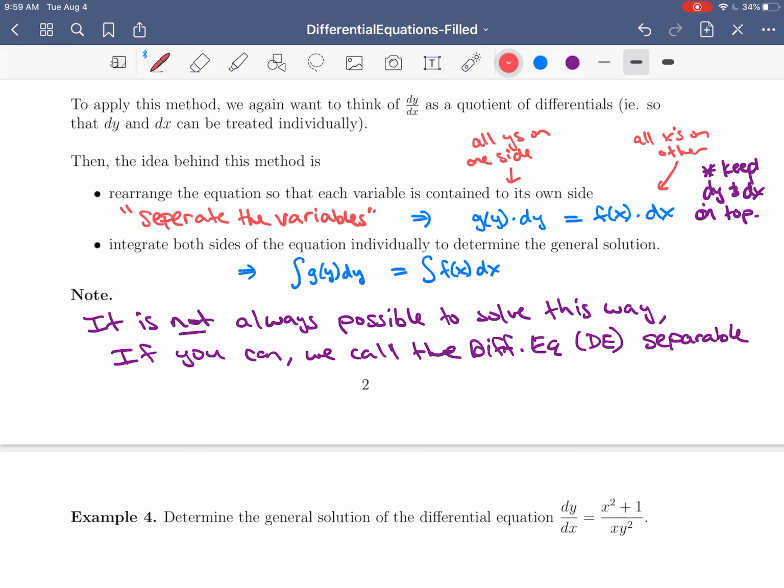But in this class, that's the only type that we're going to have. Okay, so you don't have to worry about the more complicated ones. So you should be able to separate them.